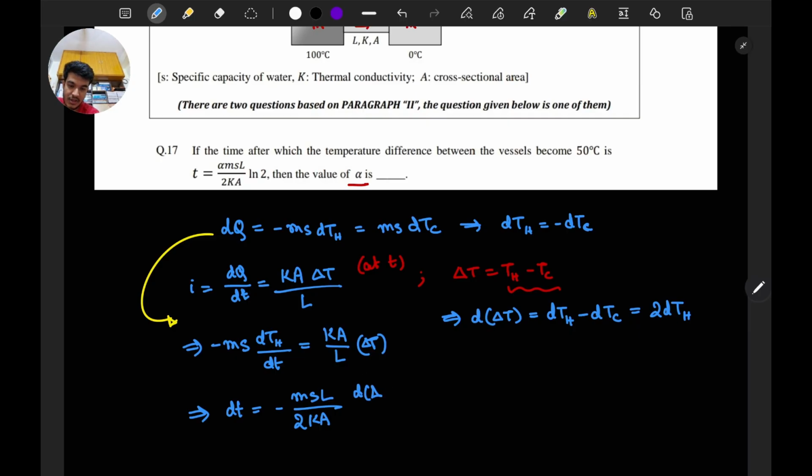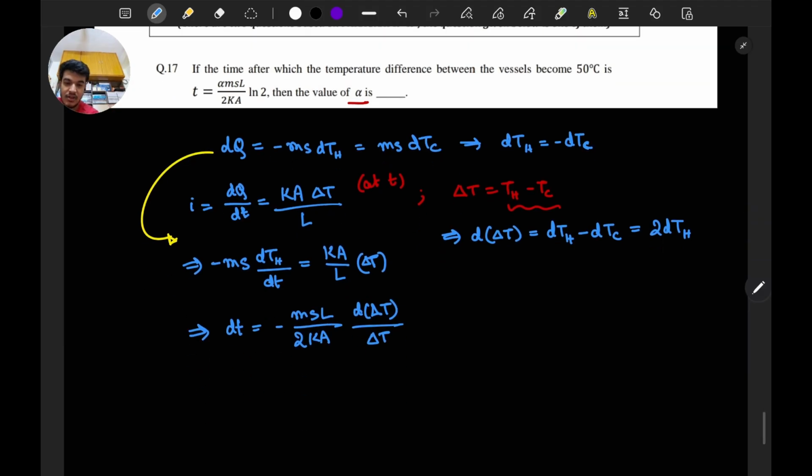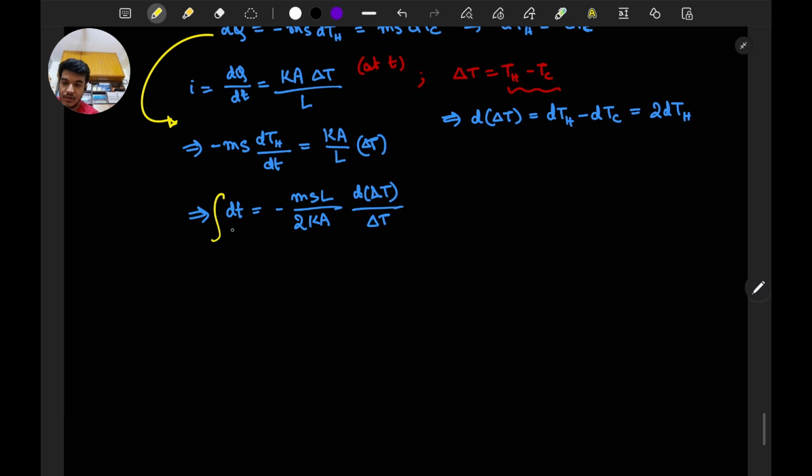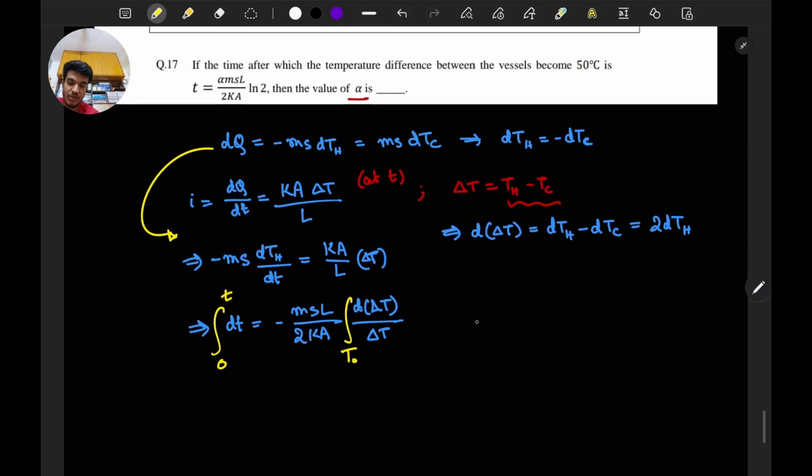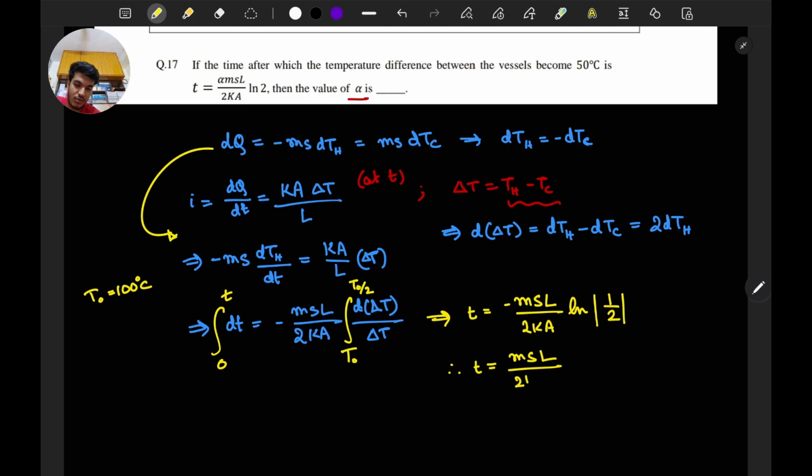So it would become d delta T by delta T. Now if I integrate this equation on both sides, from 0 to T, the temperature difference was initially T naught, let's say 100 degrees, and I want it to be T naught by 2, which is 50 degrees centigrade. So T equals minus MSL by 2Ka ln 1 by 2. Easily you can find, T equals MSL by 2Ka ln 2.